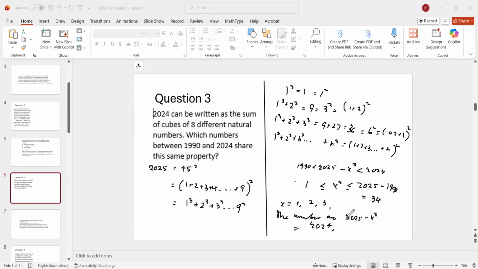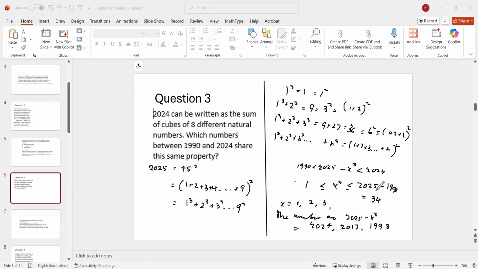And when x is 2, then 2 cubed is 8, so 2017 is one of them. And when x is 3, then x cubed is 27, and you take away 27 from 2025, you land with that. So these are the numbers which can be written as a sum of 8 cubes.